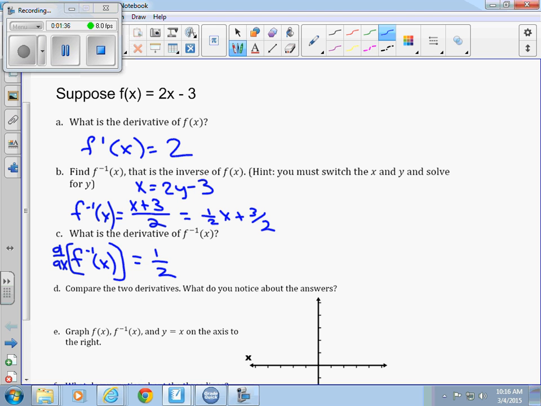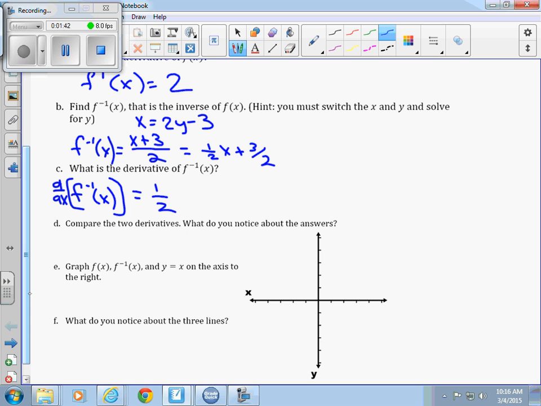So the derivative of f inverse is 1/2. Compare the two derivatives. What do you notice about them? The derivative of the inverse is just the reciprocal. You agree?